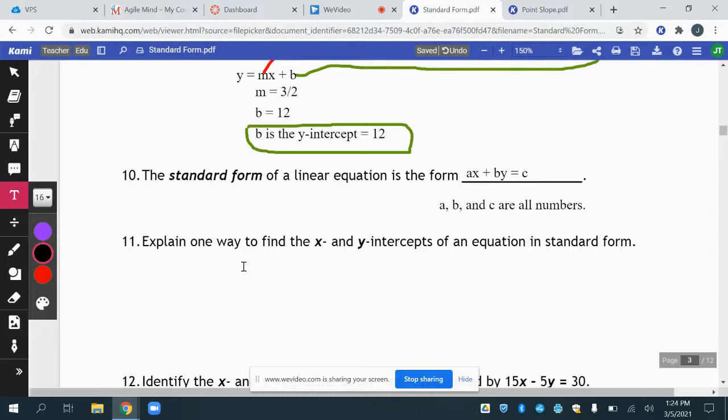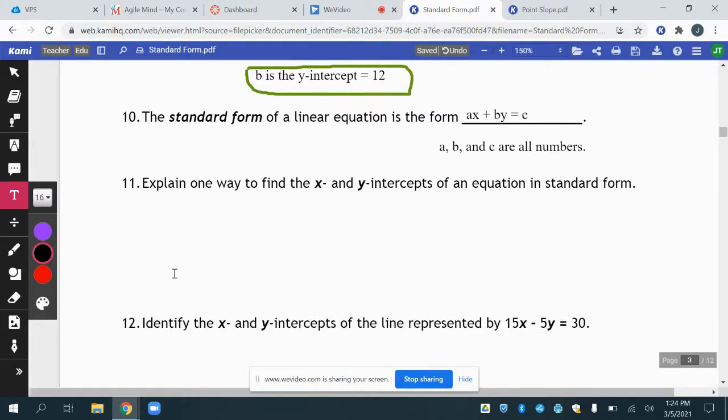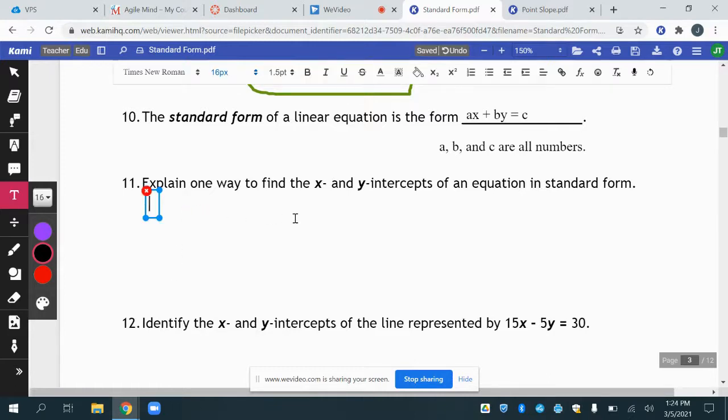Explain why one way to find x and y intercepts of an equation in standard form. Okay, so here's the trick. To find the x-intercept, this is a rule, y equals 0.